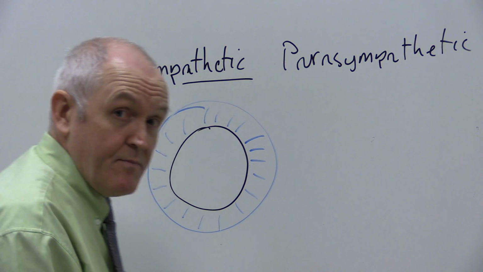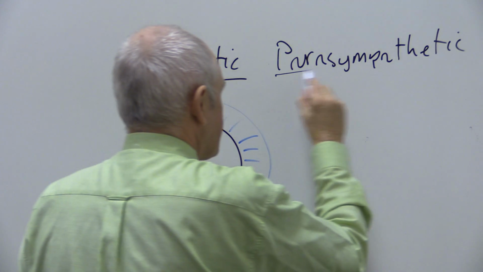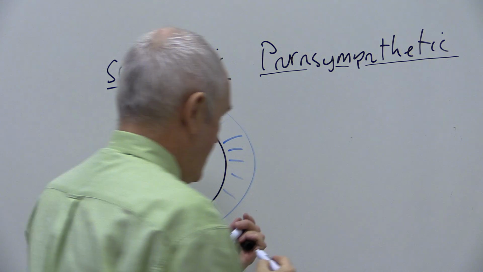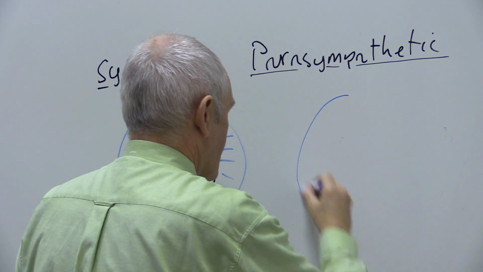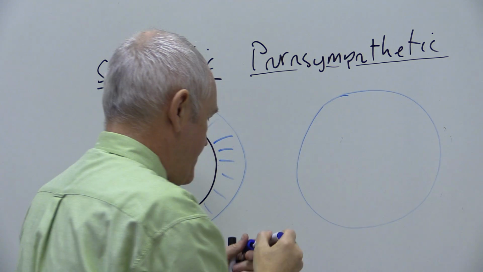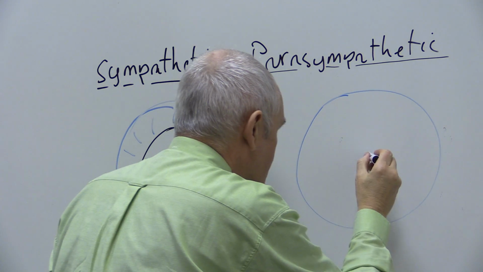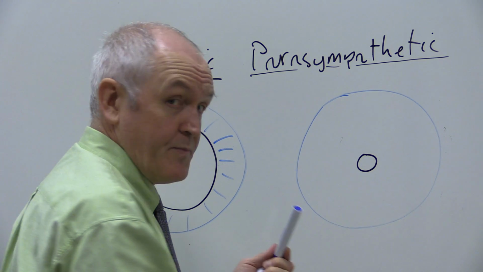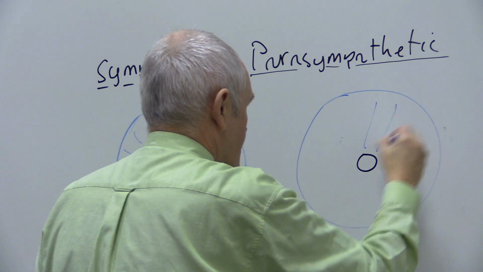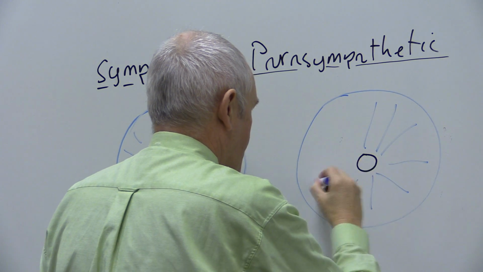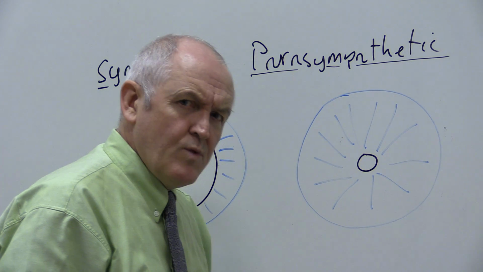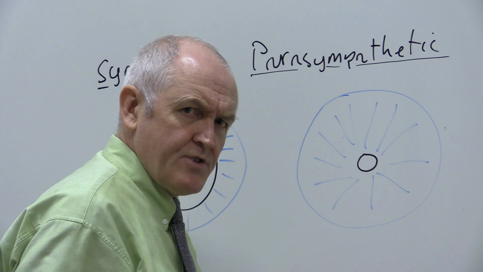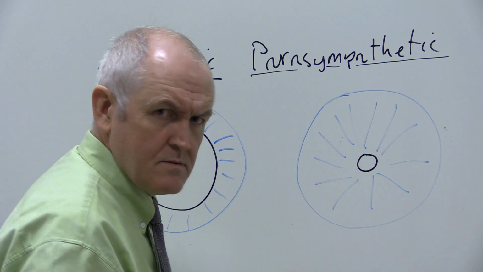Conversely, parasympathetic activity will constrict the pupils. So the parasympathetic activity is going to constrict the pupils. Just remind me, which nerve is responsible for contraction of the pupils?